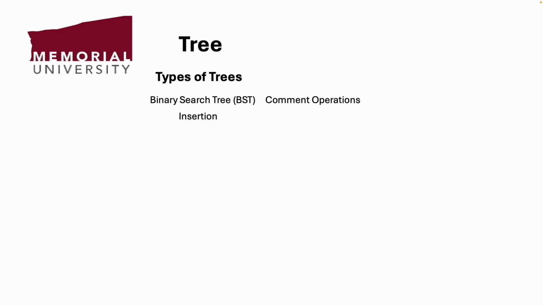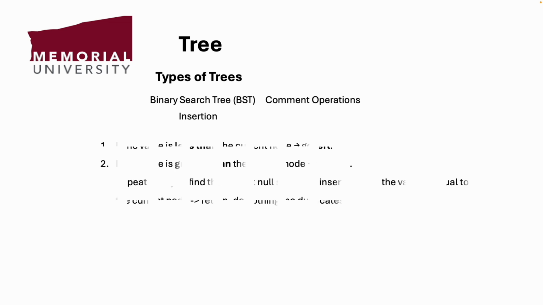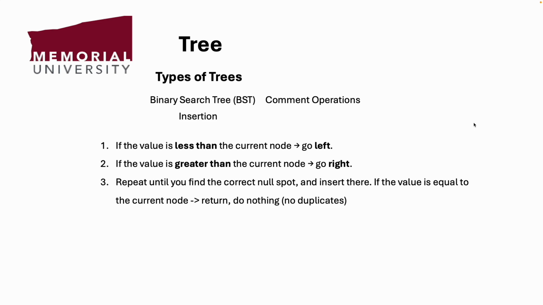Okay, now let's discuss insertion on the binary search tree. For insertion, here are the steps. If we want to insert a value into the binary search tree, first, if the value is less than the current node, we go left.